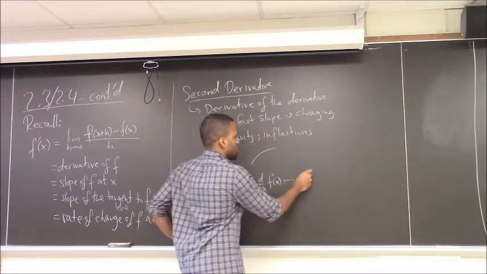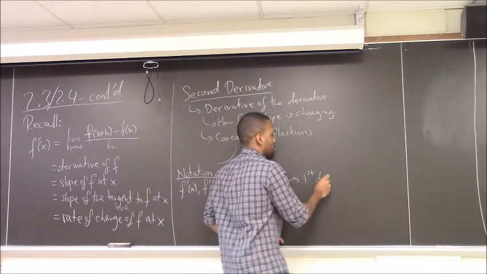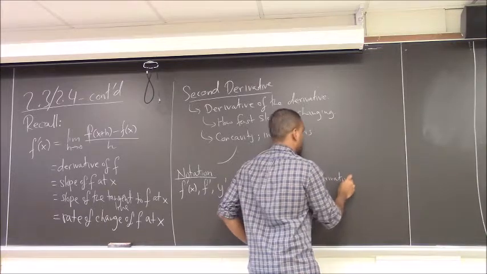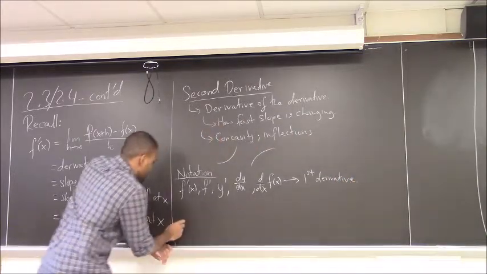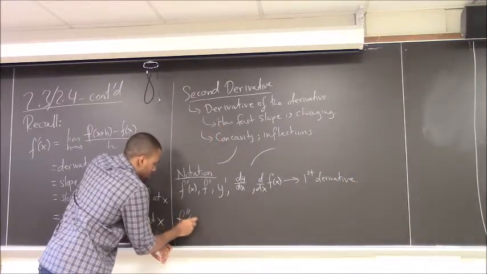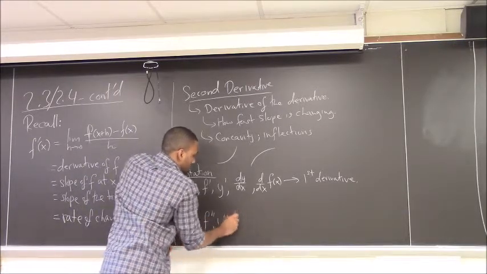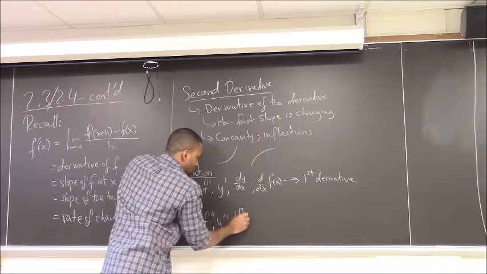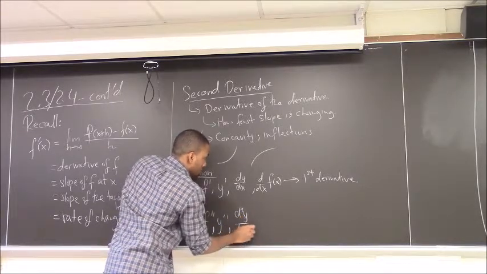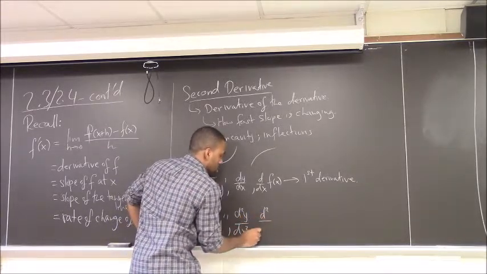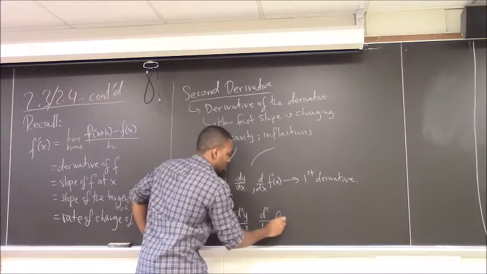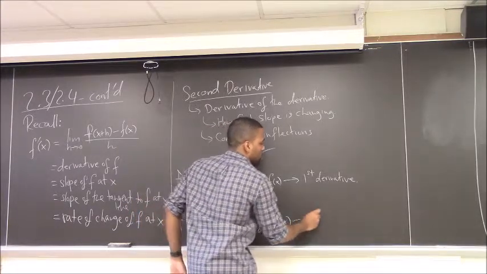These are all notations for the first derivative. If I have f double prime of x, or f double prime, or y double prime, or d squared y over dx squared, these are all notations for the second derivative.